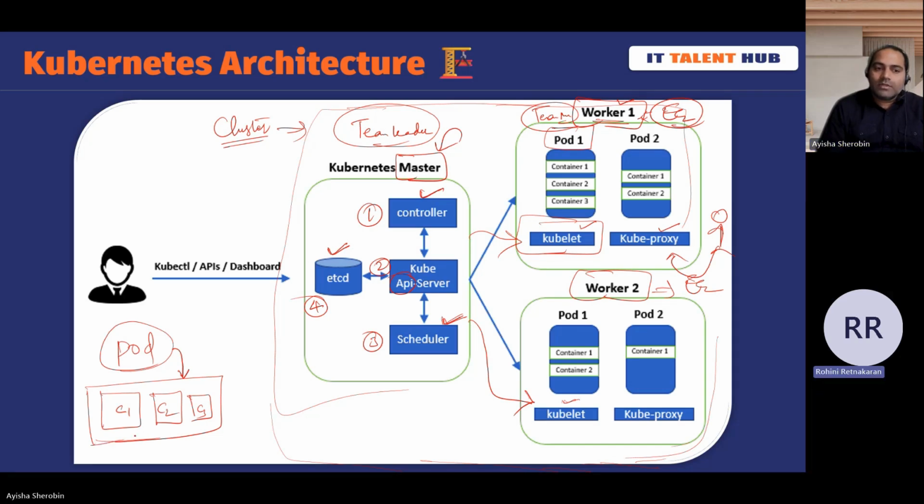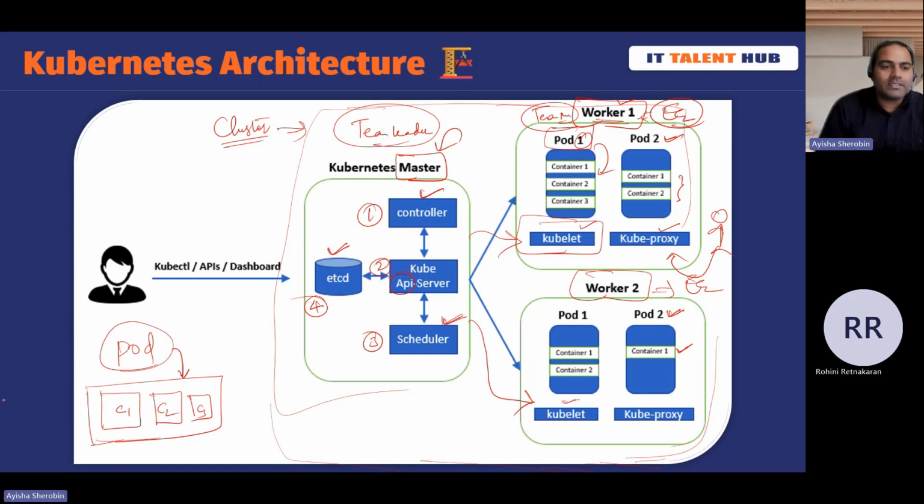Now there can be one container or more than one container. Here in pod 2 we can see there are two containers. Here in pod 3 we can see there is only one container. Here in pod 1 you can see there are three containers. So a pod can have one container or more than one container. We can say it's a wrapper, or a layer, around a container.